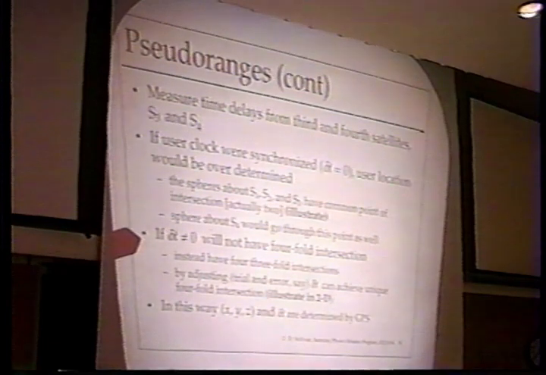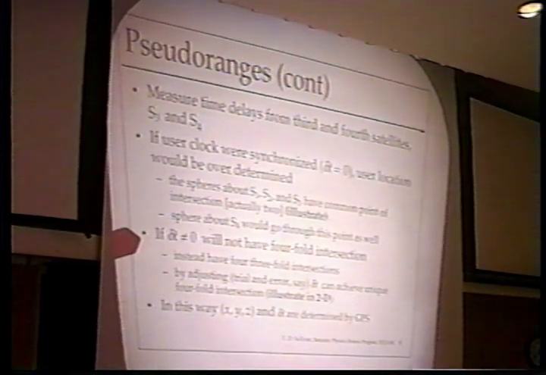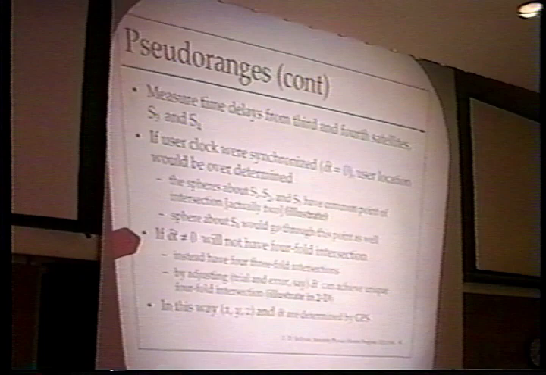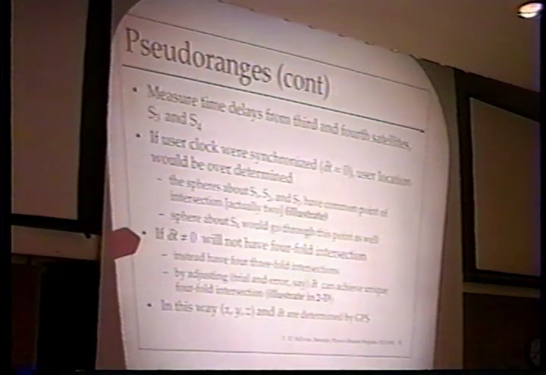Okay, now back to 3D. If you've got non-zero clock synchronization error, you'll have 4 3-fold intersections rather than 1 4-fold intersection. By adjusting delta t, by figuring out what delta t does it, you'll achieve a unique 4-fold intersection of the 4 spheres. And I've already illustrated that in 2D.